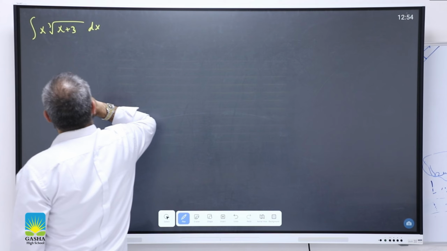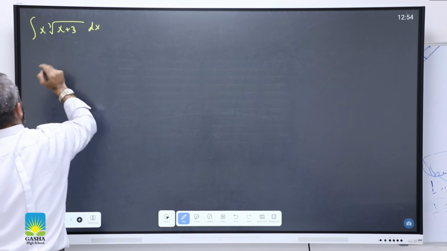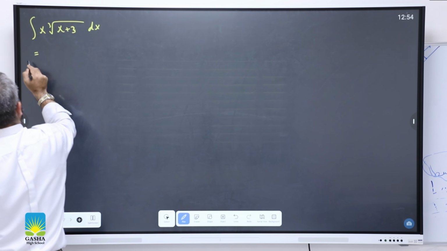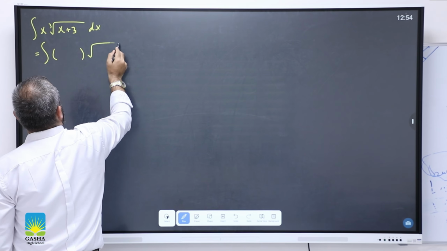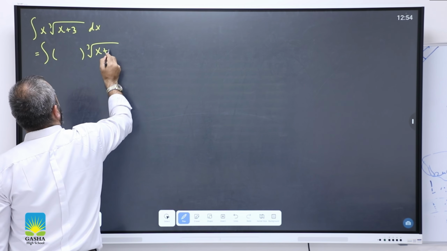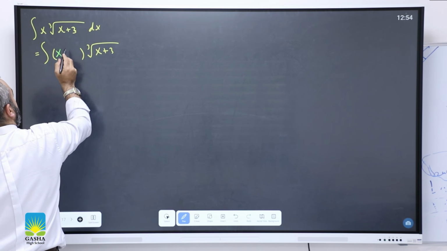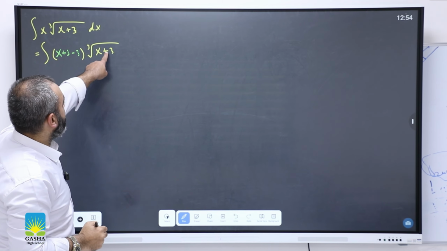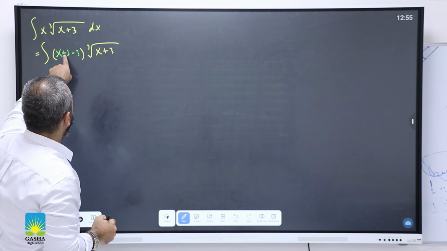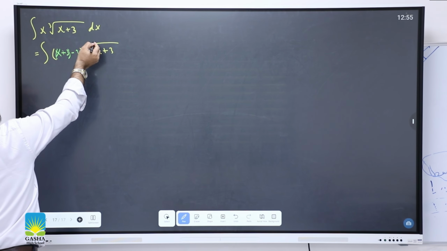We apply the first method to find the integral. First, we add and subtract the number inside the root. Which number? It's positive 3. So we have x plus 3, and we add plus 3 and minus 3.